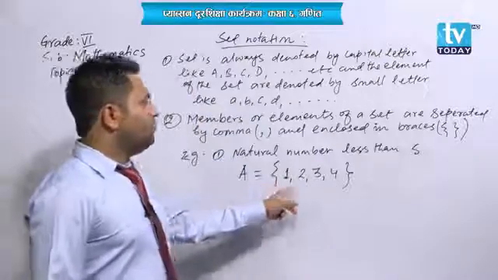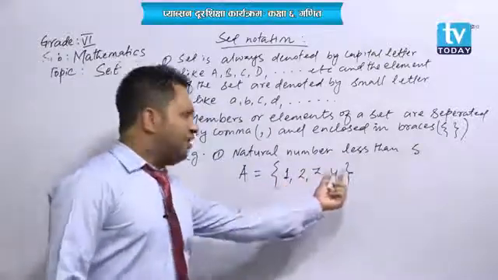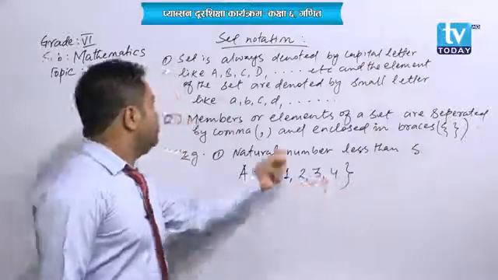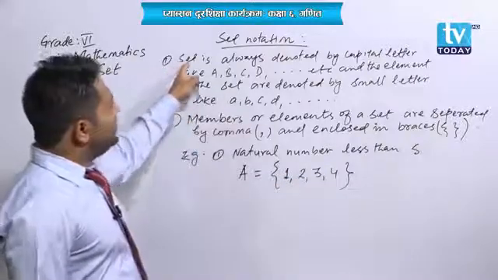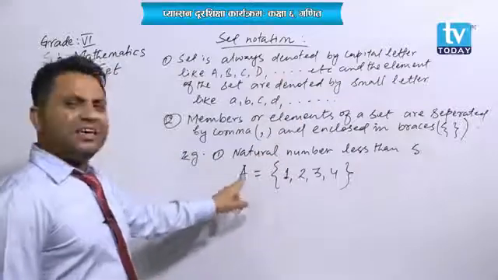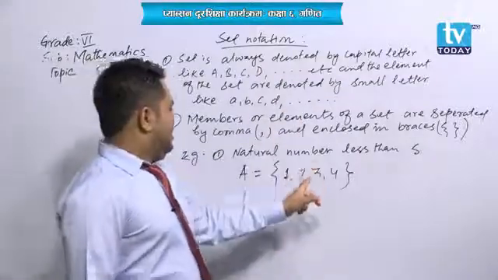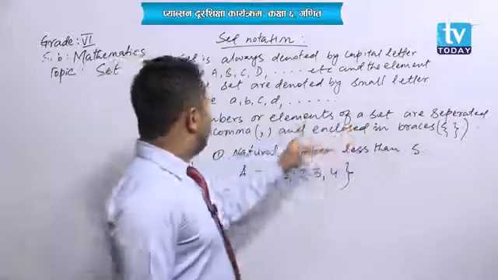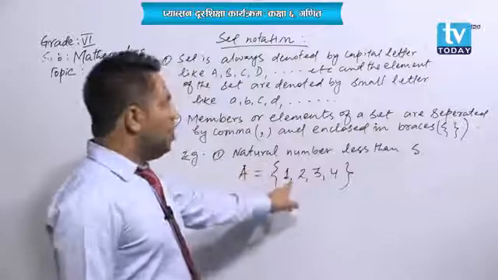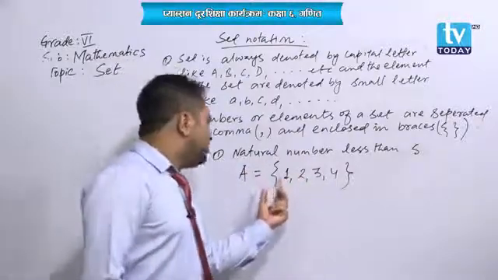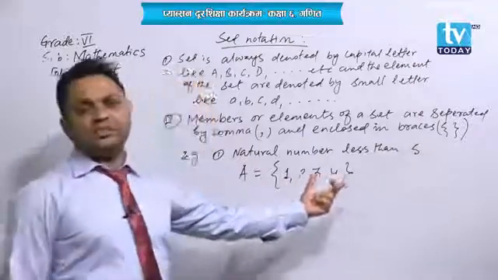Less than 5, so 5 is not counted. Set is always denoted by capital letter, and elements of the set are separated by comma and enclosed in braces.